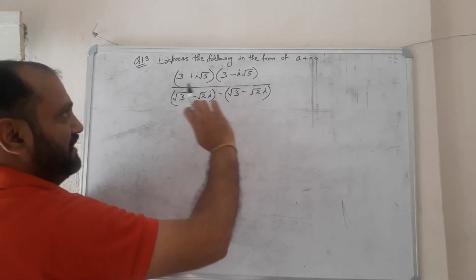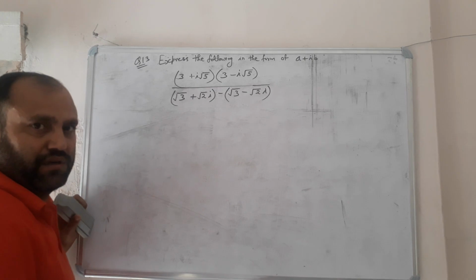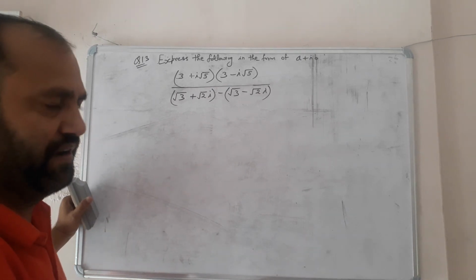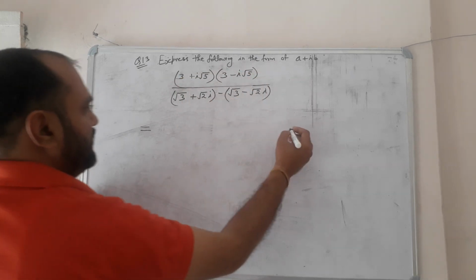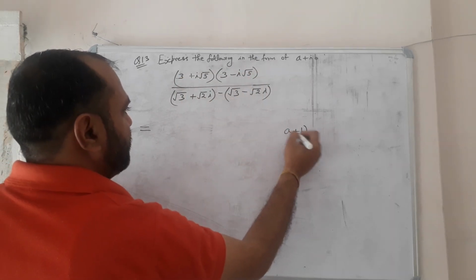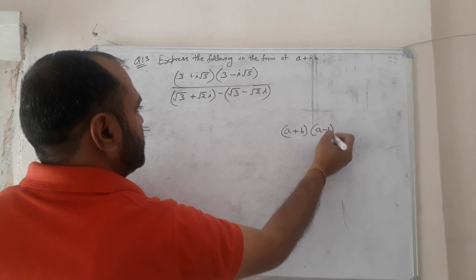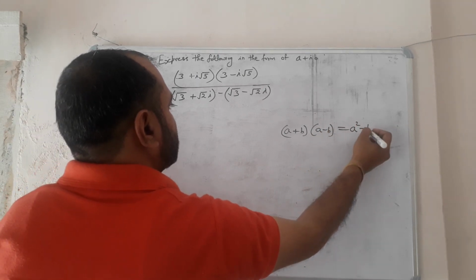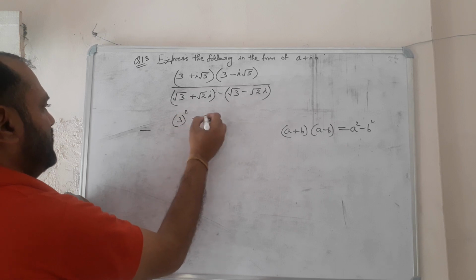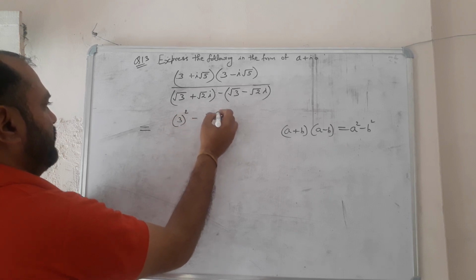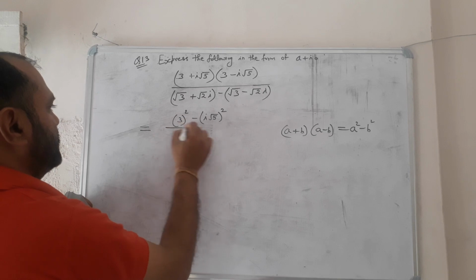How to express it in the form of a plus iota b? Firstly, simplify this. In the numerator, there is a formula a plus b into a minus b, and its formula is a square minus b square. So this becomes 3 square minus iota root 5 the square, right?